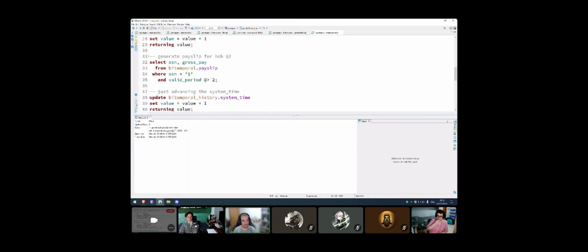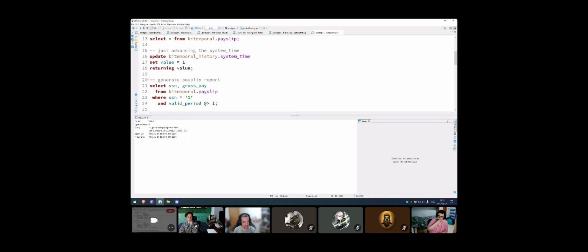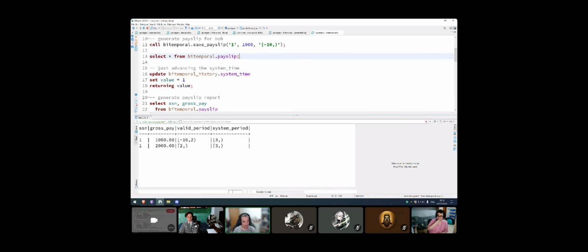And what does the table look like right now? This one. So we have here from -10 until 1. Remember, this is excluding 2. It's 1,000. And from 2 onwards, it's 2,000.